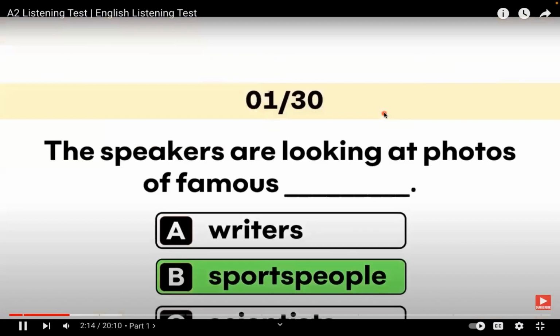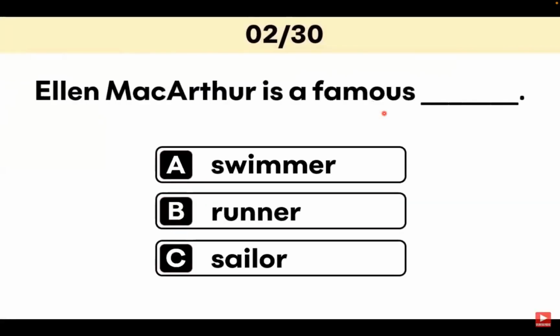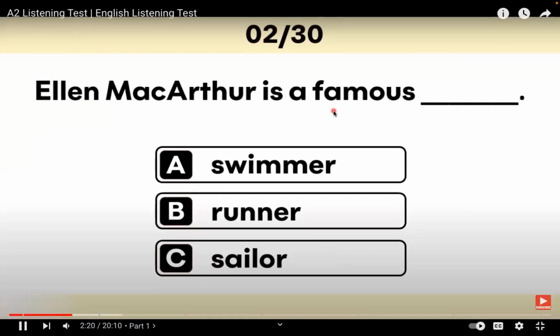Moving on to number 2. Ellen MacArthur is a former swimmer, runner, sailor. Sailor, those who race sailboats. Sailor. Runner, people who are running, sprinting. Swimmer.